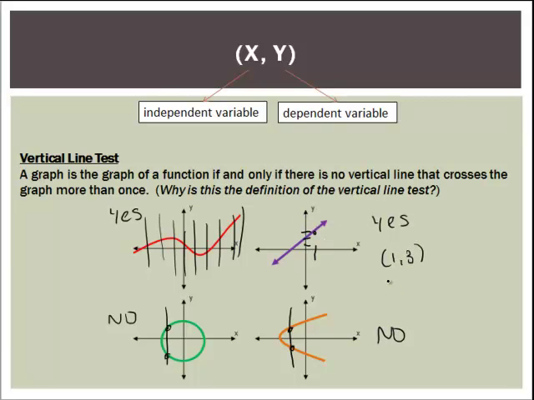If I wanted to have repeating x's, I would need 1 something, right? Let's say (1, 5). That would have given me repeating x's. That's what makes this vertical line. Whenever you have repeating x's, you get vertical lines. So that's why it's the definition of the vertical line test.